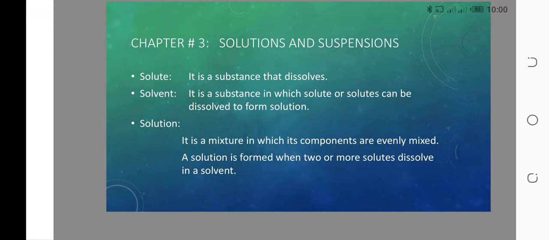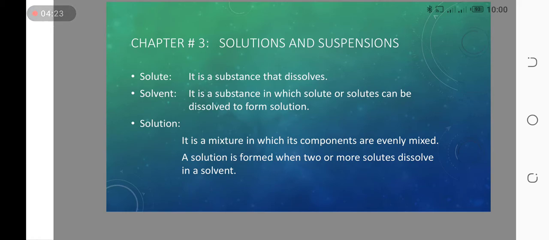Okay, now we will move towards solutions. A solution is a mixture in which its components are evenly mixed. A solution is formed when one or more solutes dissolve in a solvent. I have given you the example of one or more solutes. The solute is the substance that dissolves.